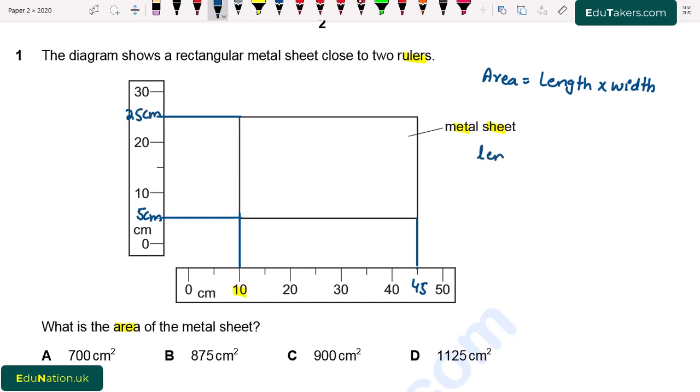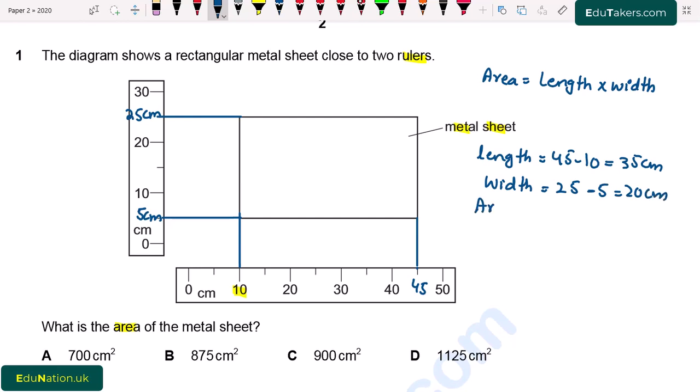So length will be equal to 45 minus 10, 35 centimeter, and width is equal to 25 minus 5, which is equal to 20 centimeter.